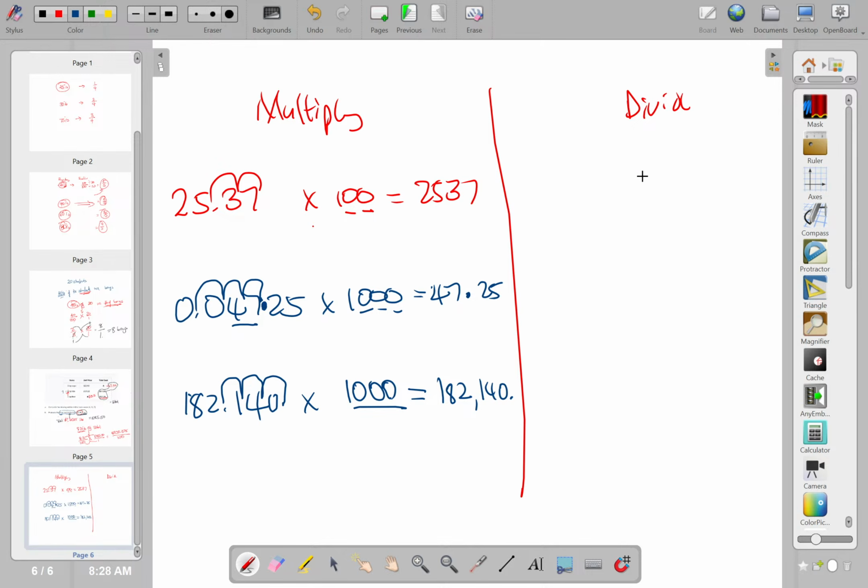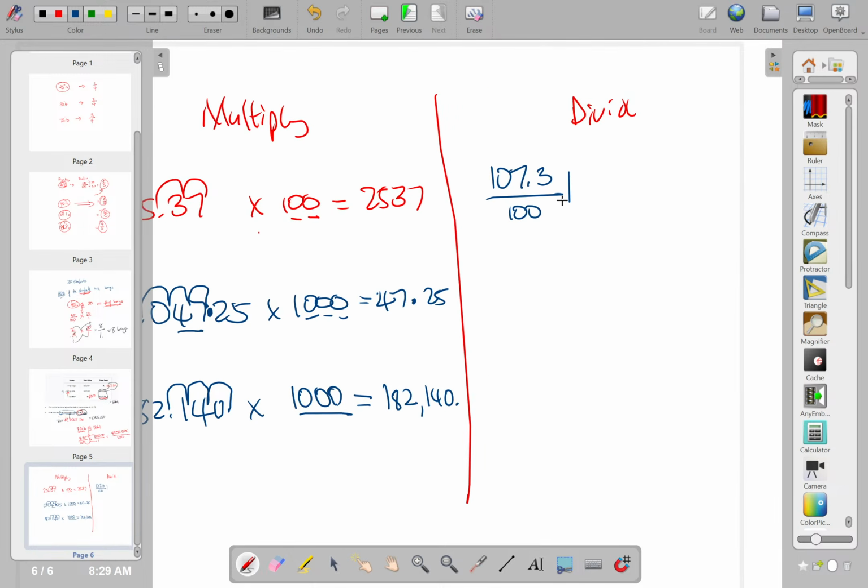Okay? Ready, set, go. How do you divide with them? So say, for example, I have 107.3 divided by 100. Now, this is the vertical view. Make it look horizontal if you don't like the vertical view. So the top number is being divided by the bottom number. How do we divide when it's exponent versions of 10?